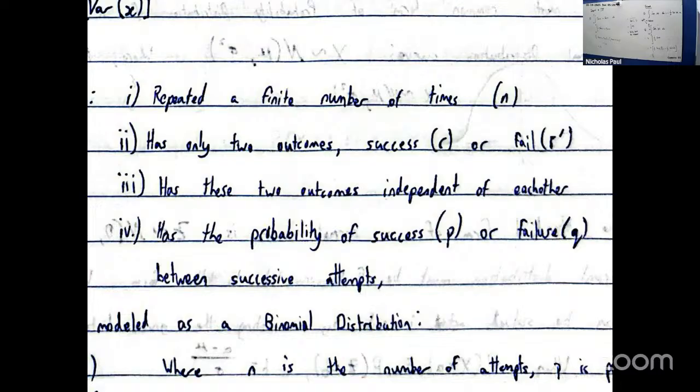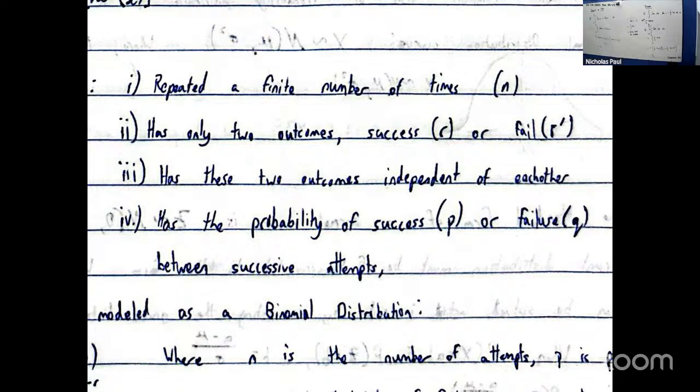Fourth thing is the probability of a success or a failure between successive events. It has a success or failure, but there's also something you can calculate called the probability. So it has a probability of a success and a probability of failure between each outcome.